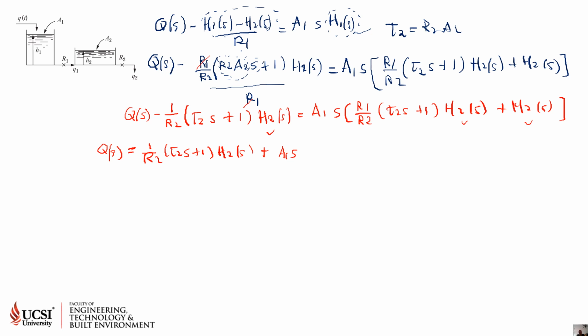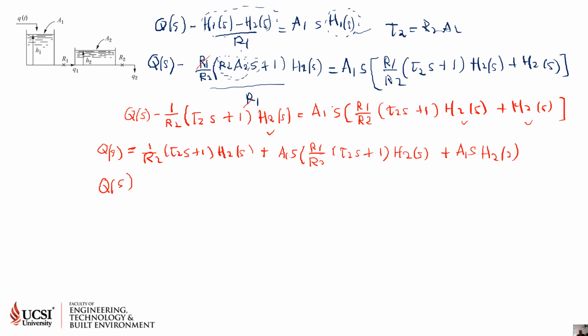This one I just write again in the form that I want to split this, because this one is factors, so I want to see the H2s here, then I can write as R1 R2, tau 2s plus 1, this one H2s, then plus A1s H2s.